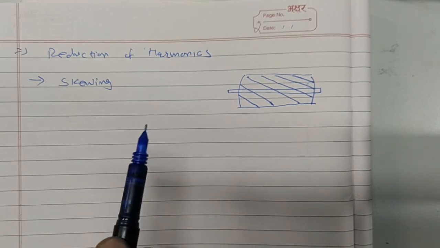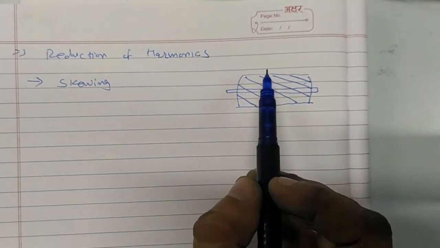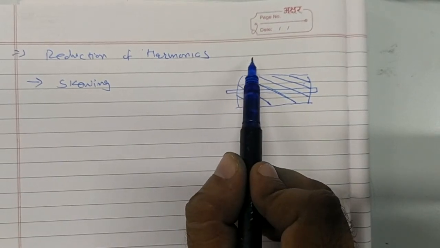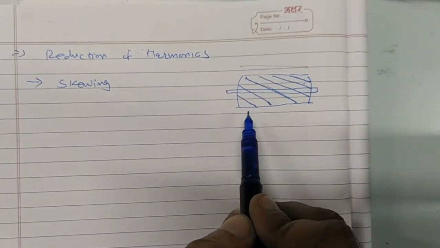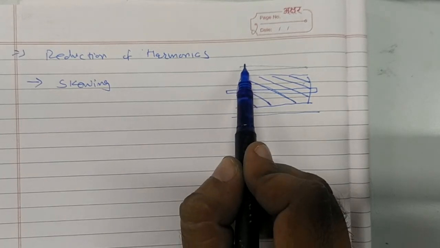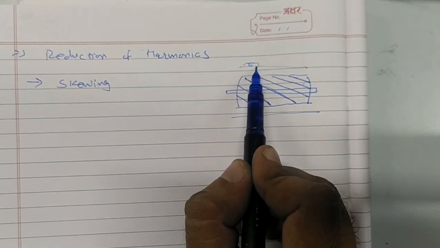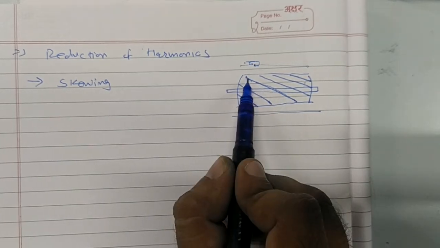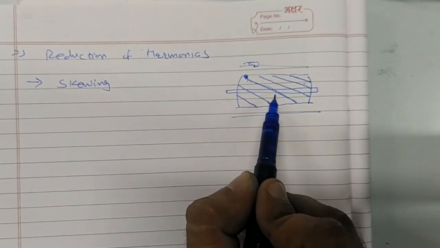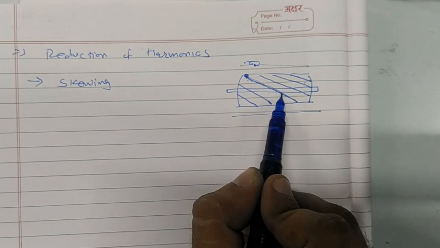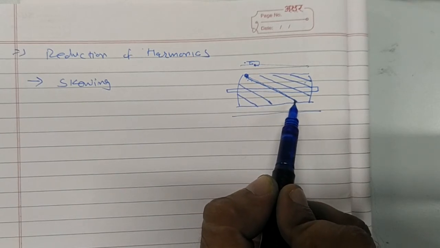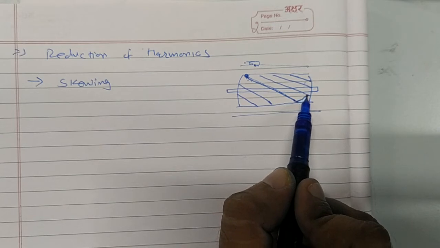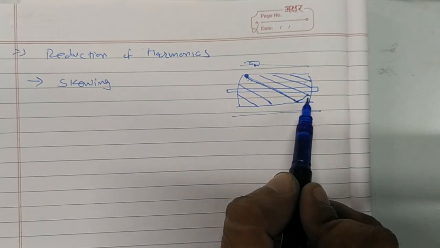Or in simple words, let us say this is one rotor bar. If we have a stator over here, then it is under the effect of a certain pole. Let us say it is an N pole, and this is the starting point of this bar. This bar runs like this, and whatever end is there, you can see on the back side.